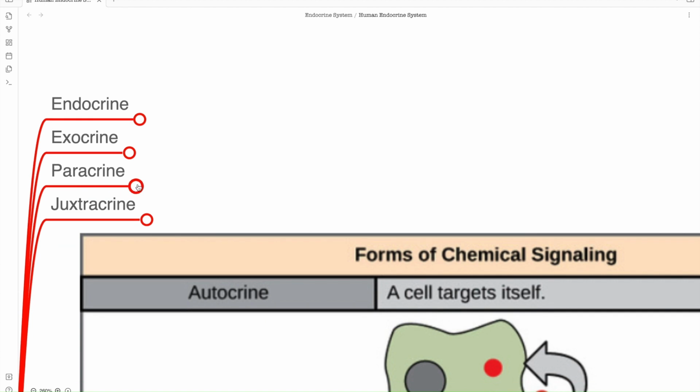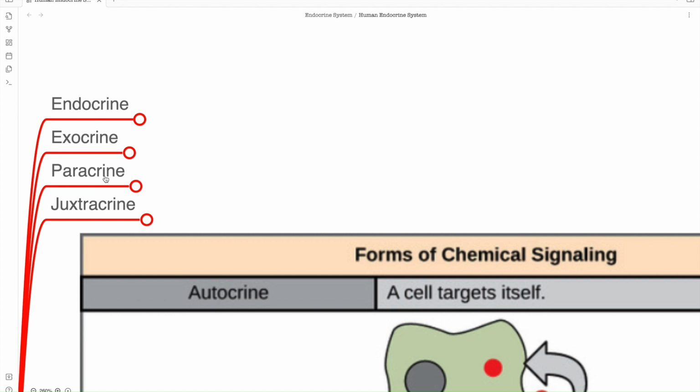Then we have paracrine glands. Paracrine glands are similar to endocrine glands in this sense that the secretions of both travel some distance. But again, there are differences.